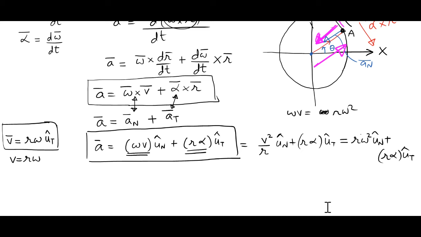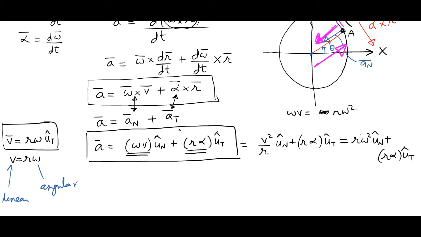So for example, when you say v is equal to r omega, you notice that this v is a linear quantity, linear velocity, whereas this is angular. So it seems that when you multiply the angular velocity with the radius, you get the linear velocity. Now that same thing is valid for accelerations.